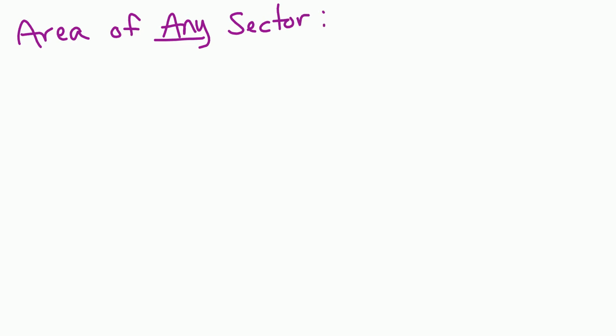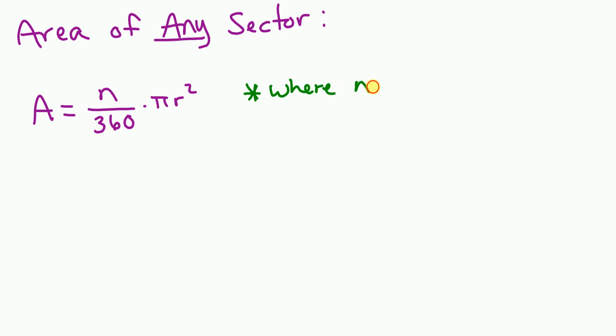Okay, and there's two formulas. The first formula is area equals n over 360 times pi r squared, where n is arc measure.